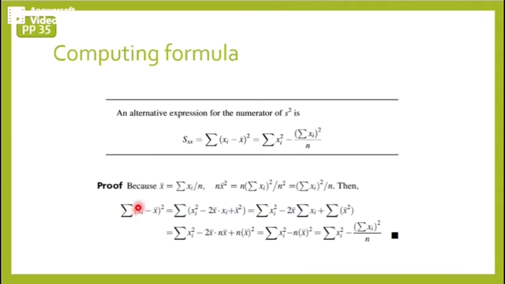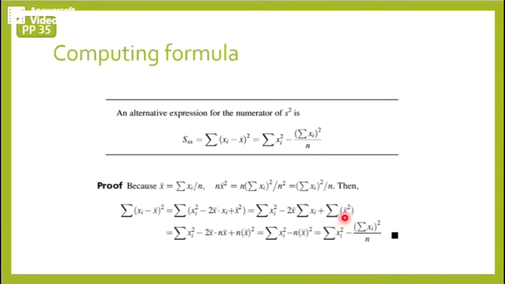When multiplying out these two brackets, this is what you get. Then you take the sum into each of the terms, and this is what you get. Here, they take out the constants, because the 2 and the x bar are constants in this case. So the sum of the observations reduces to n times the sample mean, which you can get from this result.